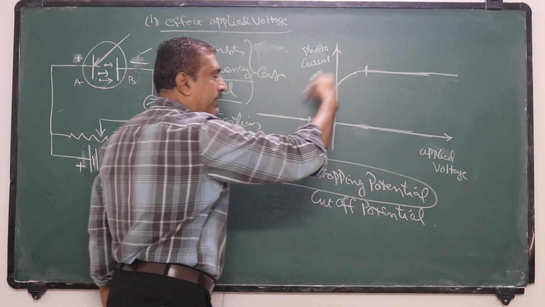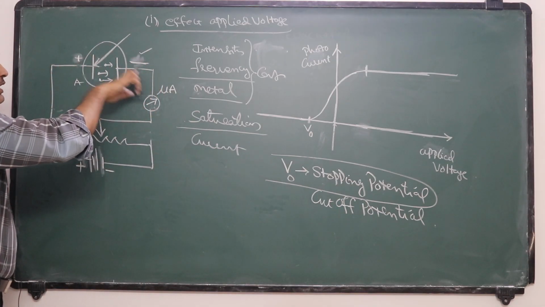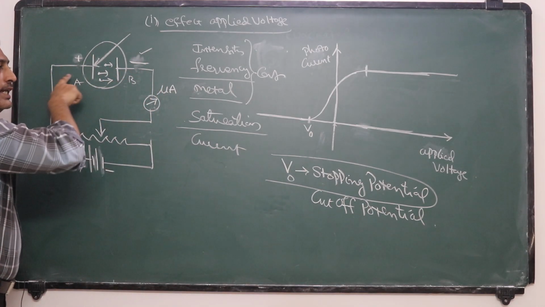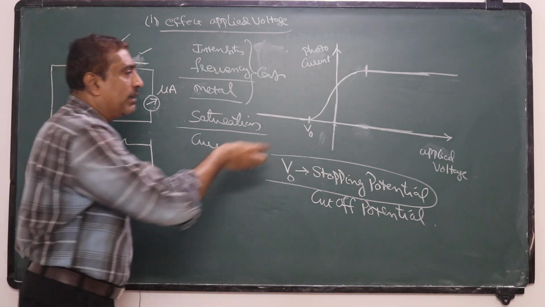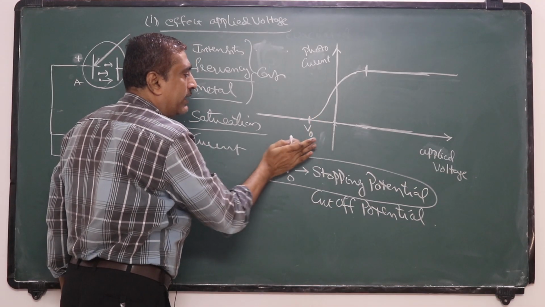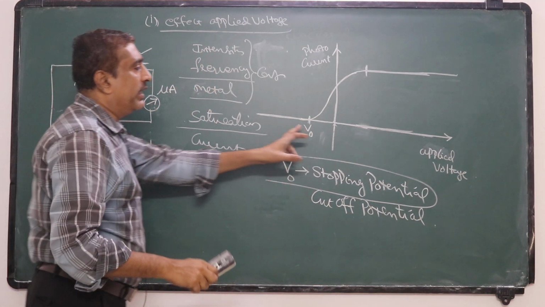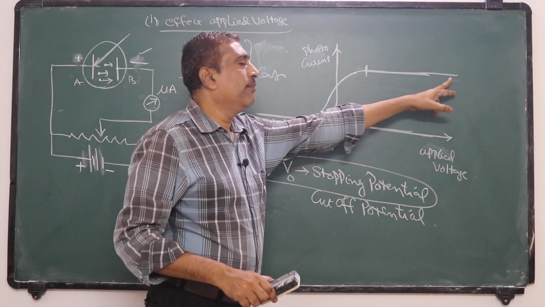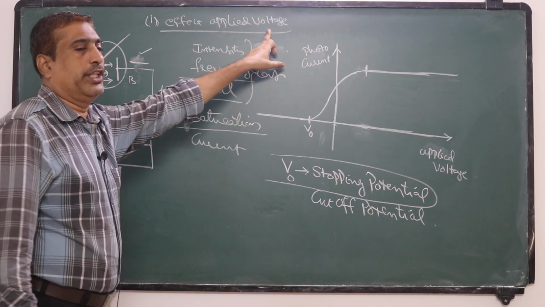Now if we reverse the polarity, that means B is made positive and A is negative, then by slowly increasing the negative potential, at a particular negative potential value, the photocurrent becomes zero, and that potential is called stopping potential. So by this graph, we can study the variation of photocurrent with respect to the applied voltage.